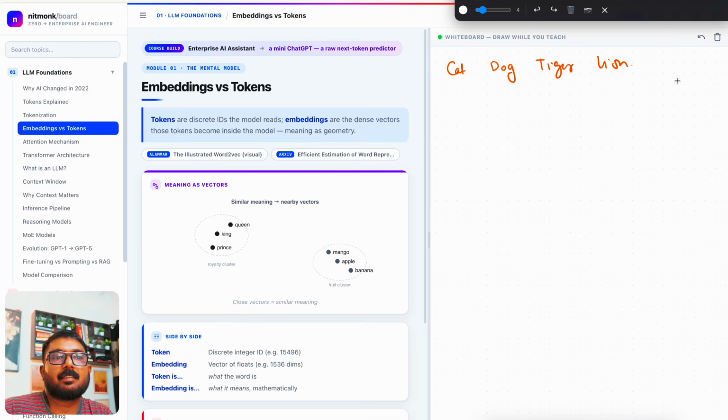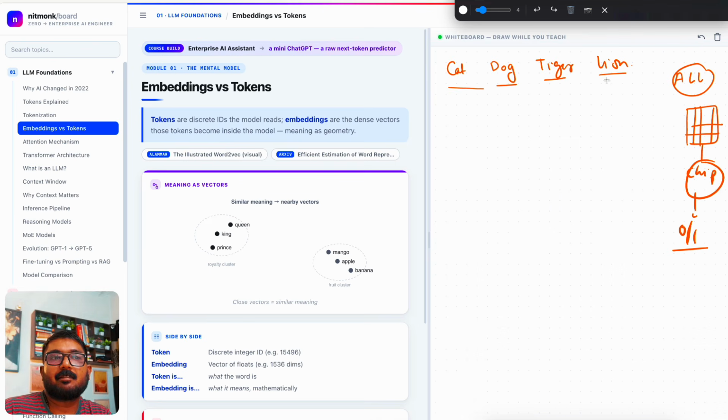You already know that in a computer there are ALUs, arithmetic logic units, or at the assembly language or chip level, where everything is understood as 0 and 1. If you show this cat, dog, tiger, and lion, these units will not understand. So let's say I assign 1 as cat, 2 as dog, 3 as tiger, 4 as lion.